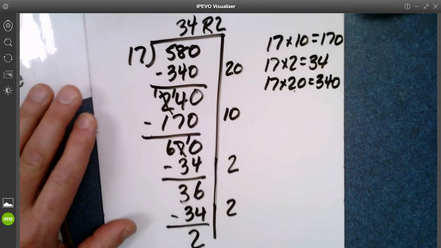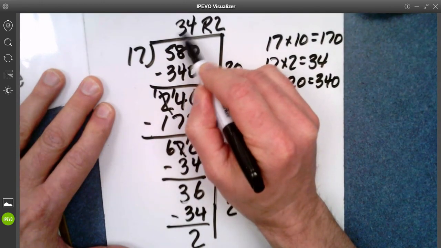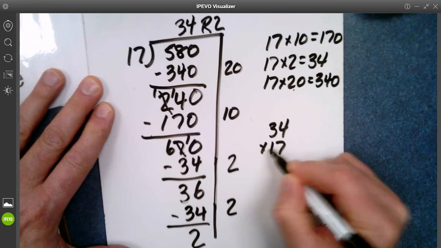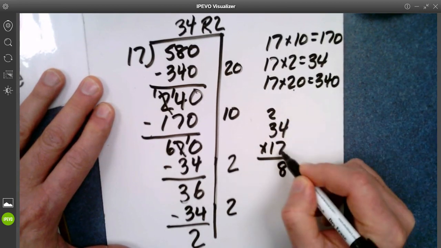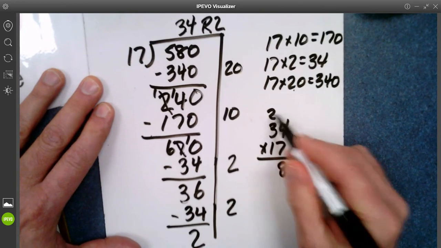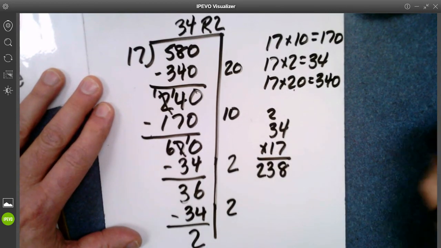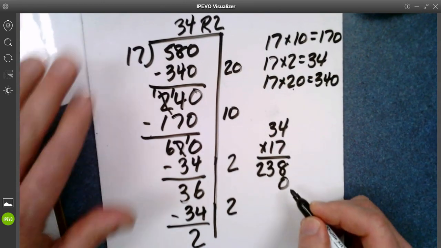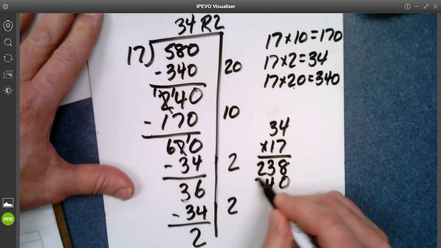Now I'm going to check it. So watch this. I'm going to multiply my whole number quotient times my divisor. So 34 times 17. 7 times 4 is 28. 7 times 3 is 21, plus 2 is 23. It's not a 1. Looks like a 1, smells like a 1, tastes like a 1. It's really a 10, so I put down my 0 in my 1's place. 1 times 4 is 4. 1 times 3 is 3.